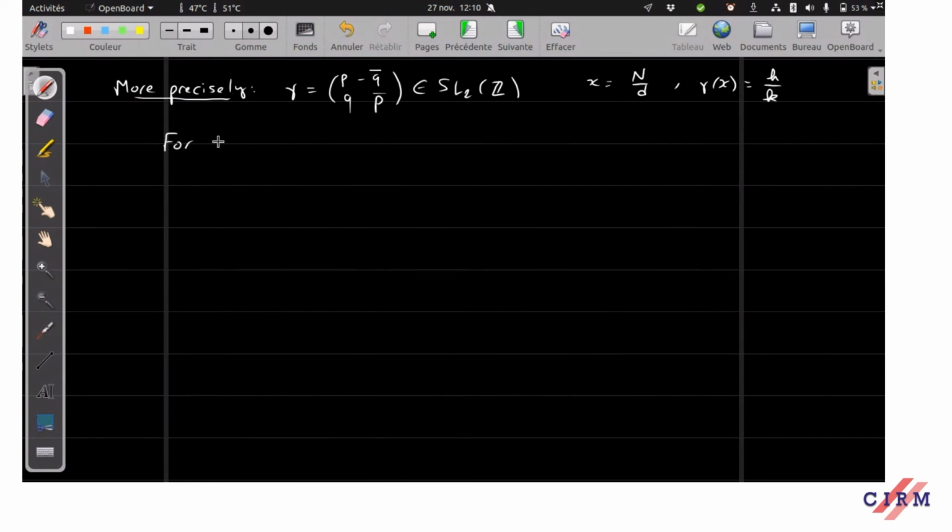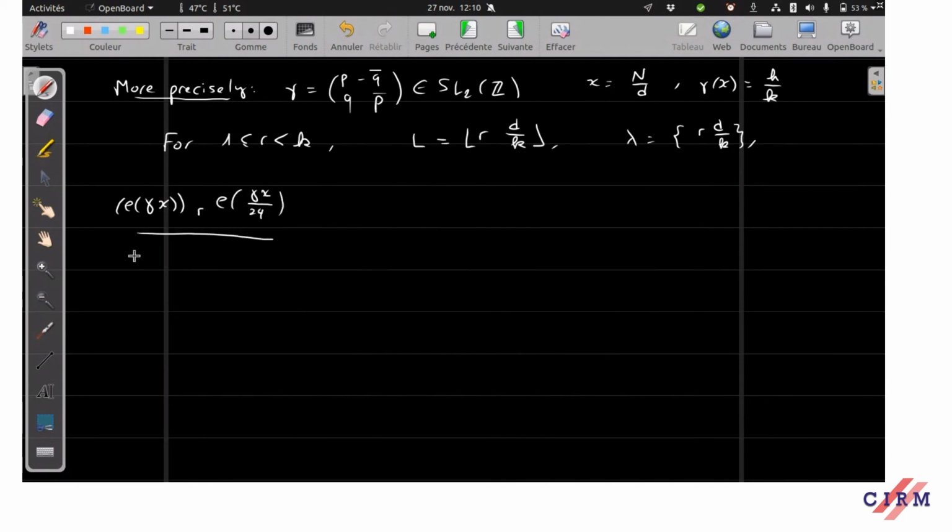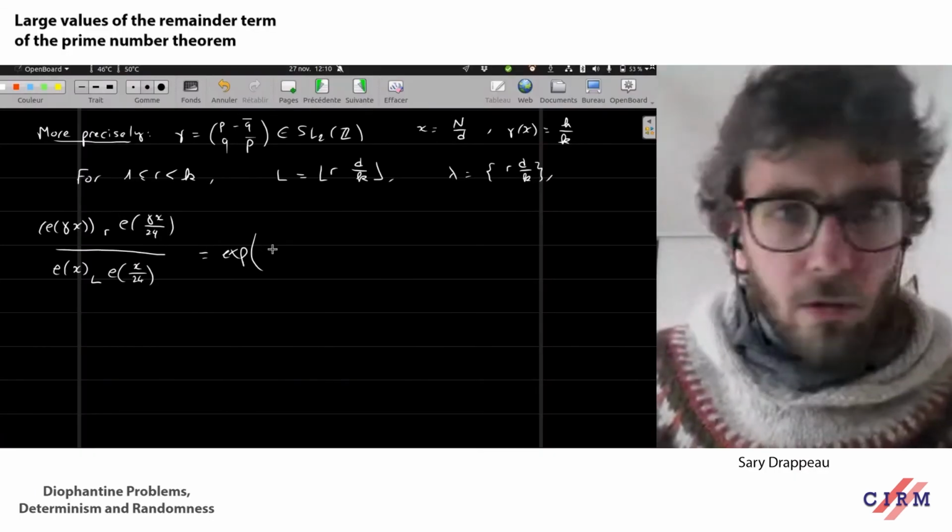Then for 1 less than r less than k, if you let L to be the floor part that I wrote before, and lambda to be the fractional part that I wrote before, if you take the quotient between these two things, then we can express this exactly as a sum of many terms.